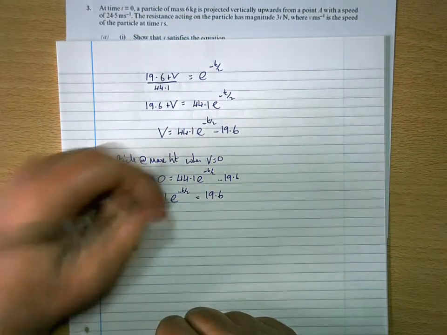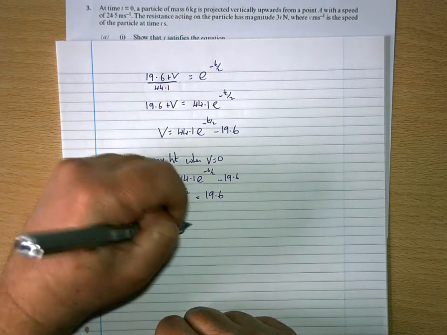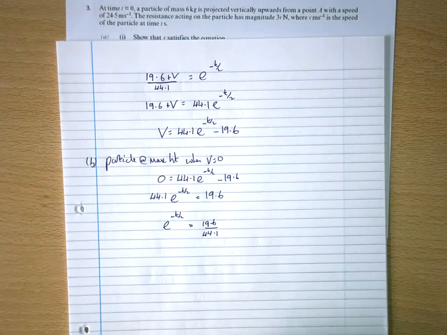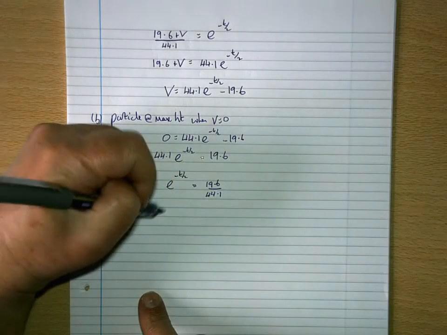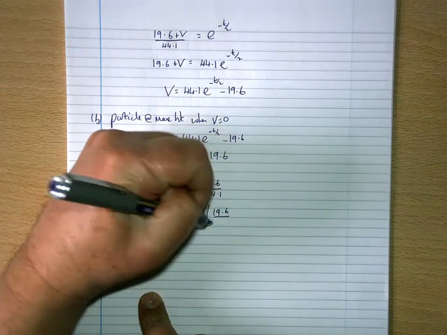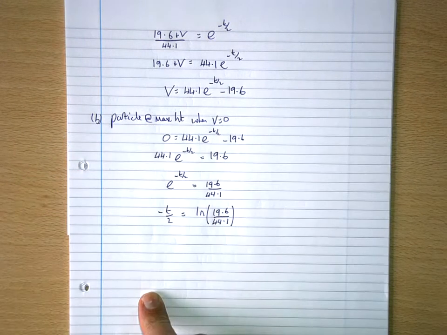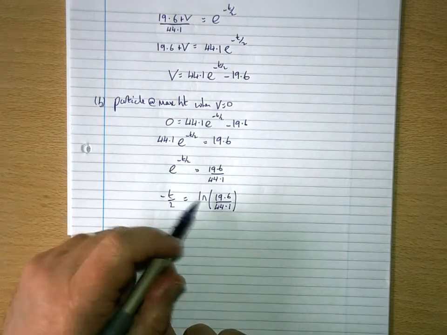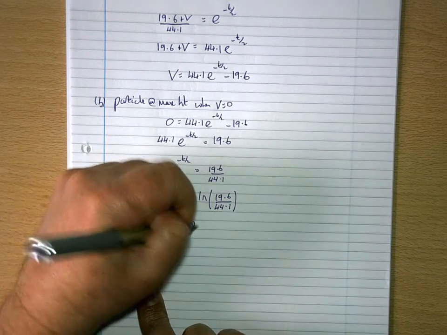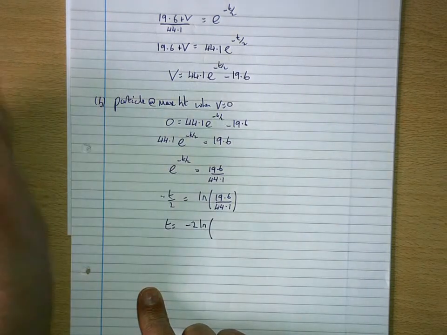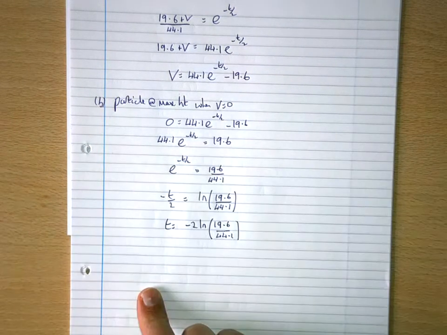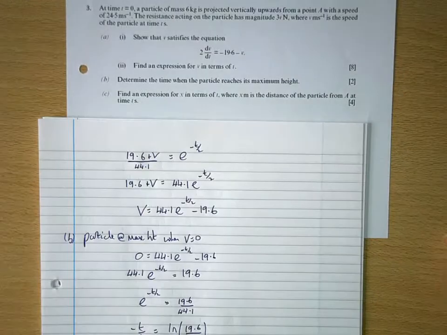Now I'm going to divide. Then I'm going to take natural logs. Then I'm going to take the 2 over and the minus, and I get t equals minus 2 natural log of 19.6 over 44.1.